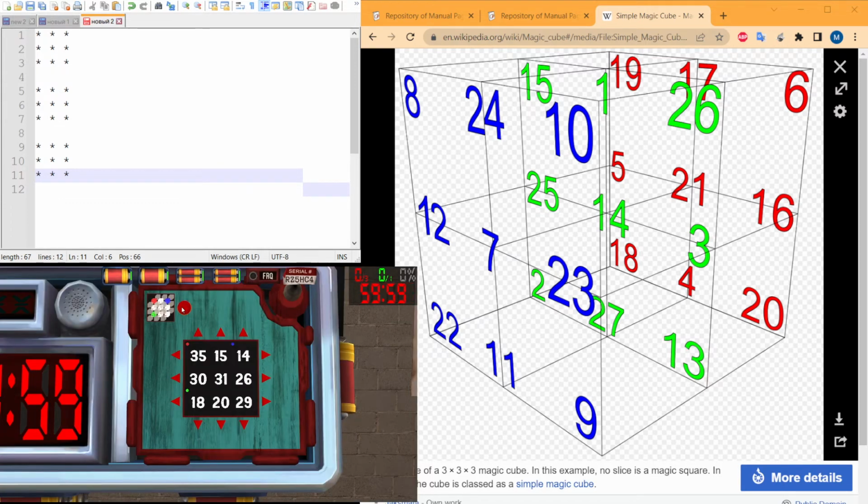Okay, the lowest number is 9. Starting from 1 is 9, 2 is 10, 3 is 11, 4 is 12, 13, 14.